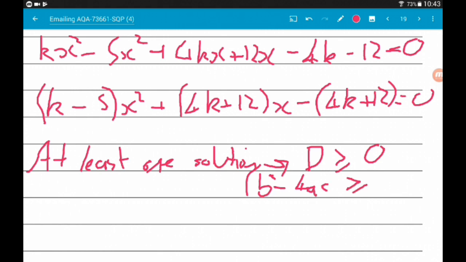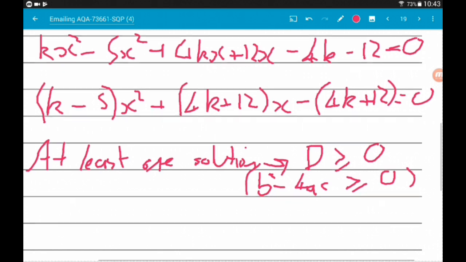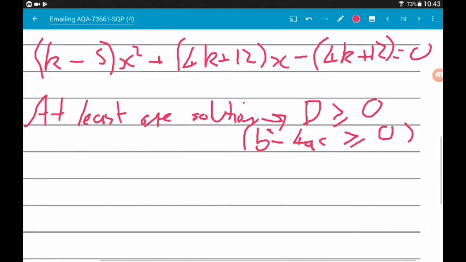So b squared minus 4ac is greater than or equal to 0. So b squared is (4k plus 12) all squared.